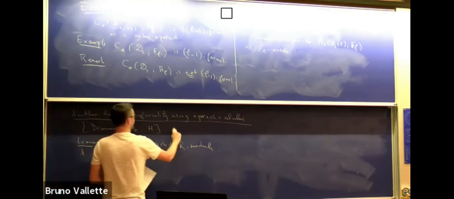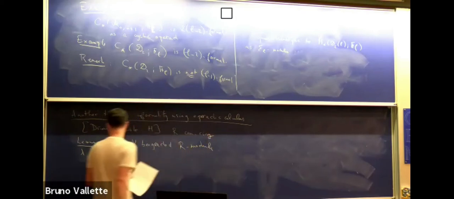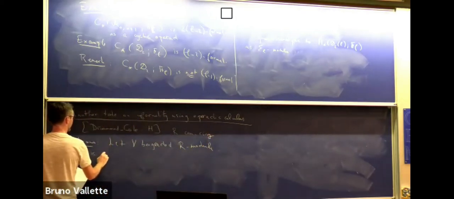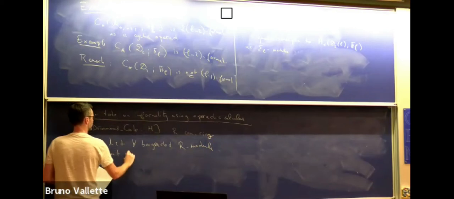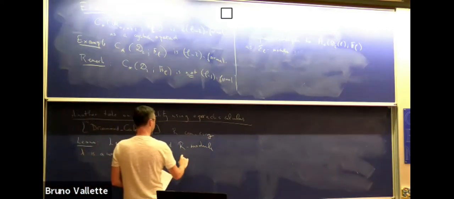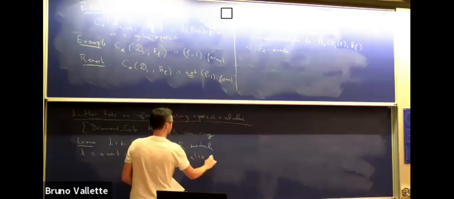R will be some commutative ring. Lambda is a unit in R, such that lambda to the n minus 1 is also a unit.